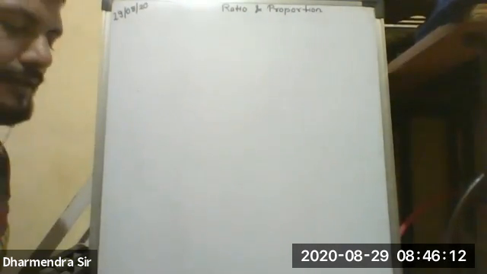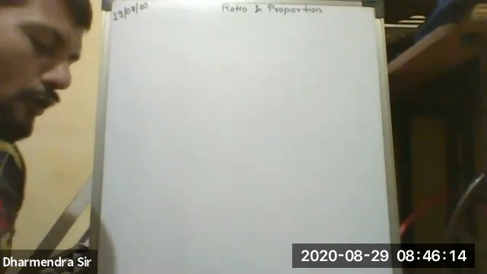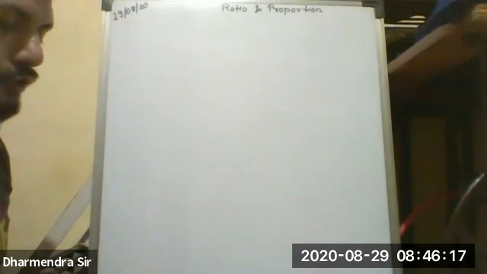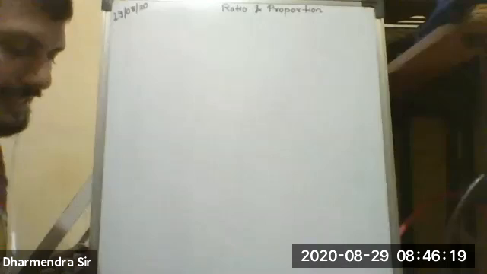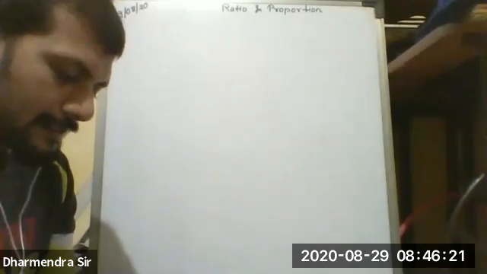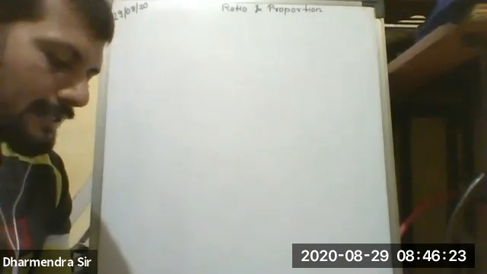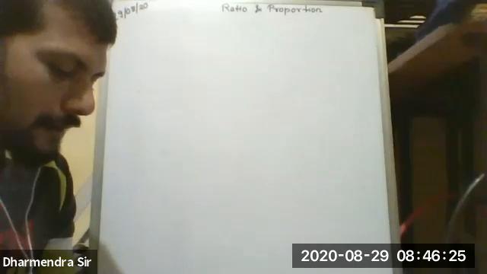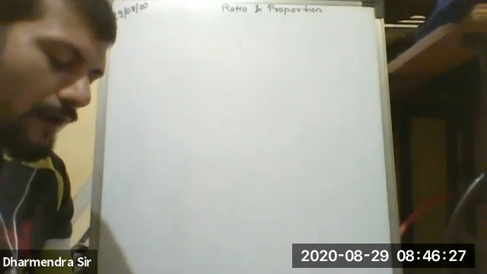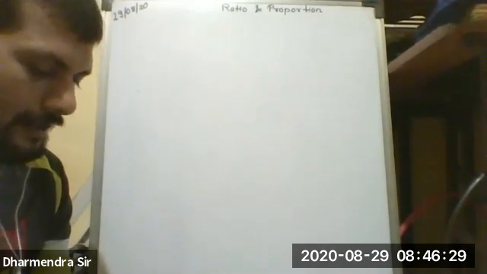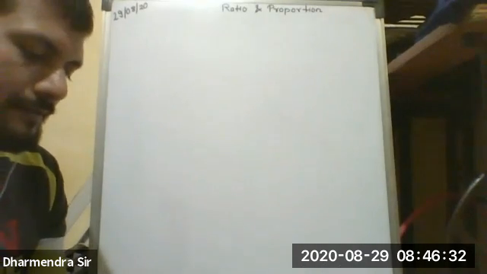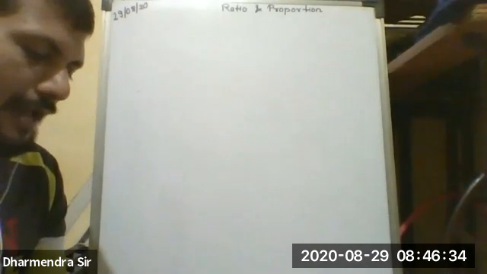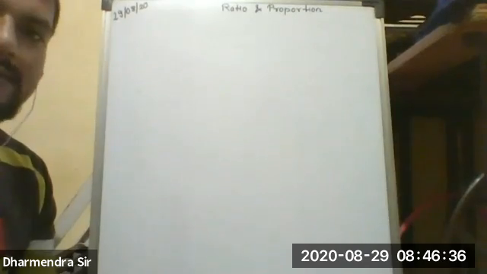So let me complete this second problem of question number 4, which says the ratio of present ages of Albert and Salim is 5 is to 9. Again, as we have done in the last lecture, if we are having anything in ratio, it means they are having some common multiple.